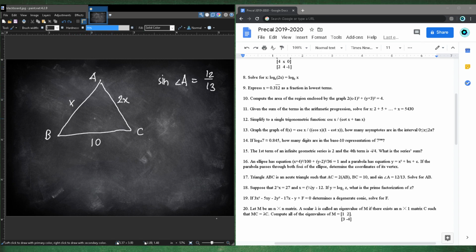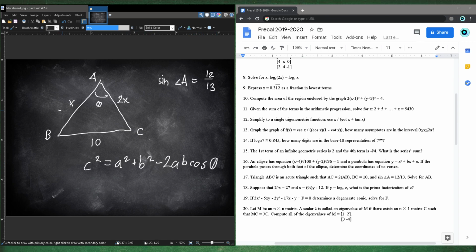Okay, so how do we do this? Well, you could use the law of cosines, which gives us the side length opposite of theta, and we just follow the formula. It's c squared equals a squared plus b squared minus 2ab cosine of theta.